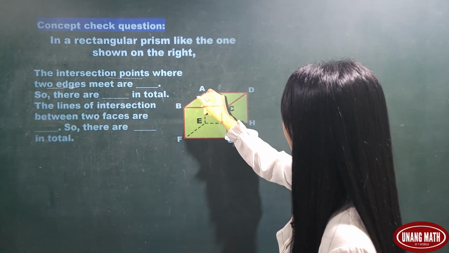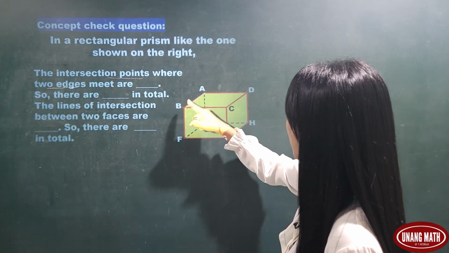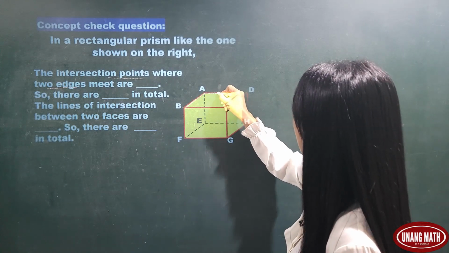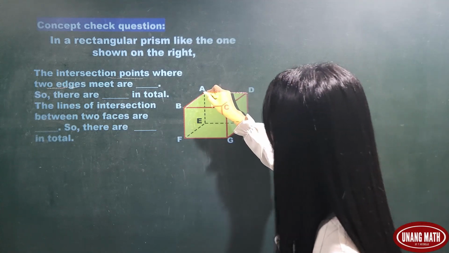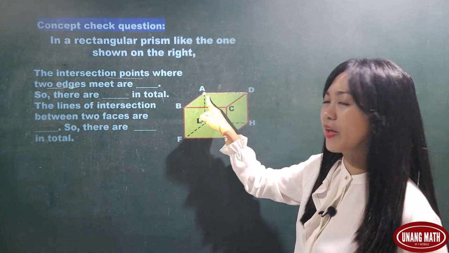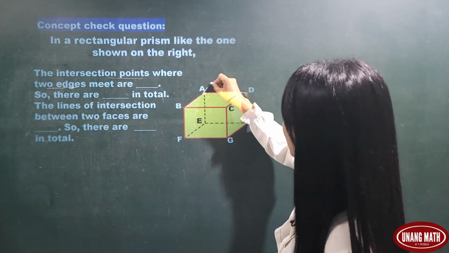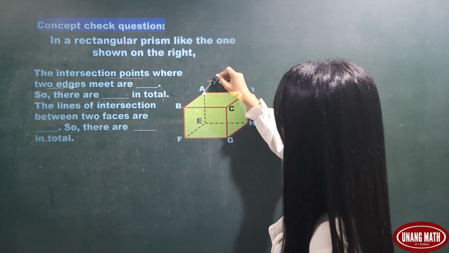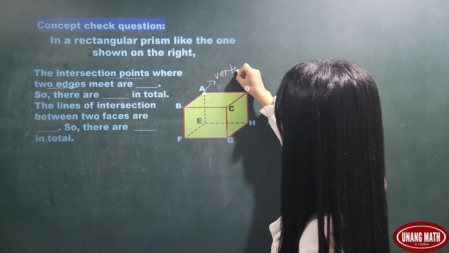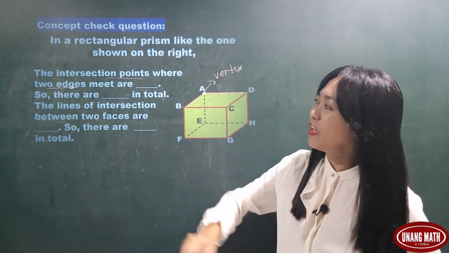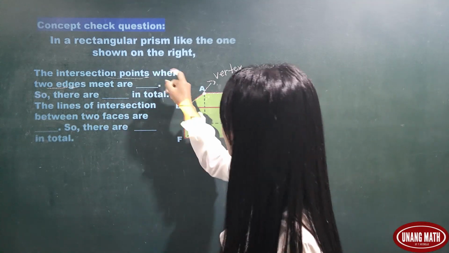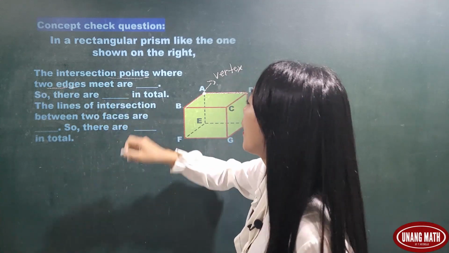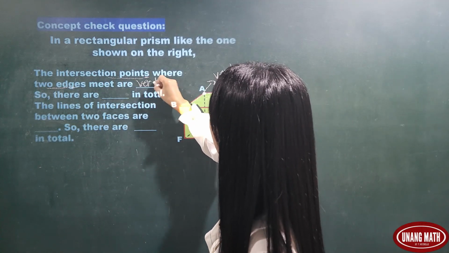This edge BA or AB and this edge AD meet at this point. This is the intersection point, or what we call the vertex. So the intersection points where two edges meet are what we call the vertices.